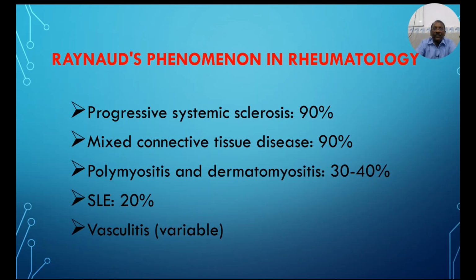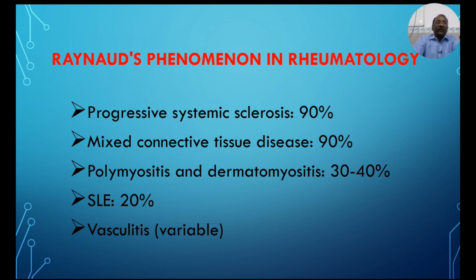Now move on to Raynaud's phenomenon. See, 90% PSS and 90% MCTD, 30 to 40% polymyositis and dermatomyositis, and nearly 20% lupus. So when you see Raynaud's phenomenon in a rheumatological practice, these 4 are very important diseases to think of.